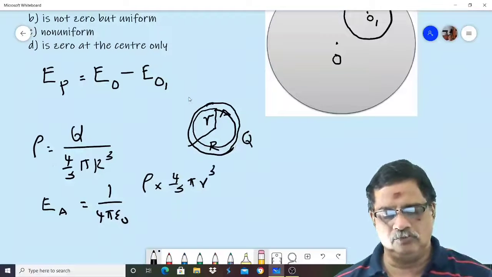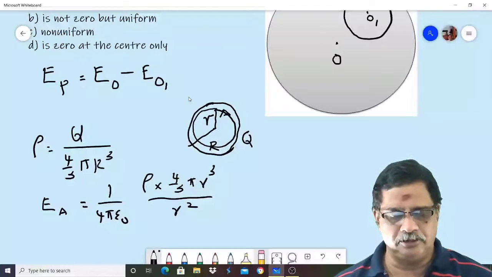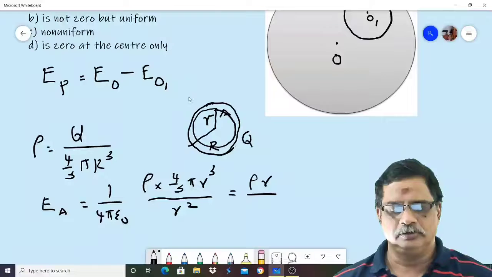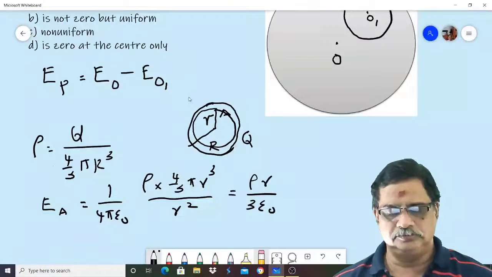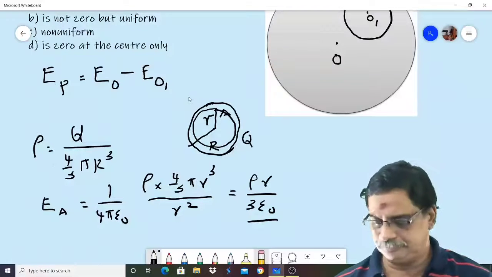So this is how we find the electric field at the point A, and this when simplified will give you rho r divided by 3 epsilon 0. So that is the electric field at A. This is the method that we use in order to find the electric field at any point inside a sphere in which the charges are distributed uniformly within its volume.